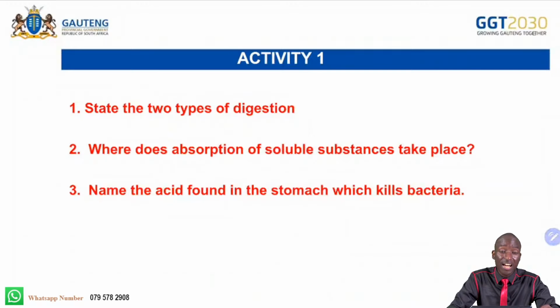Number 3, name the acid found in the stomach which kills bacteria. We're going to have enough time for this activity so that there won't be excuses of not finishing up. We'll have 5 minutes, and thereafter we'll look at the corrections. Right, let's get started.